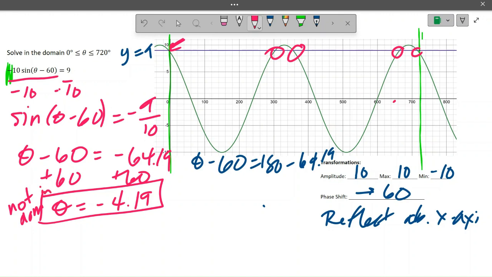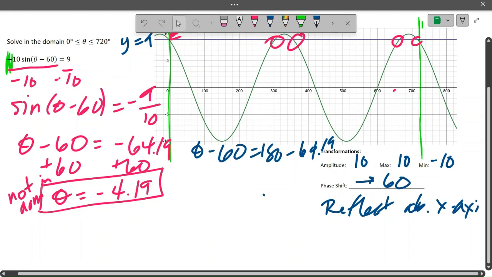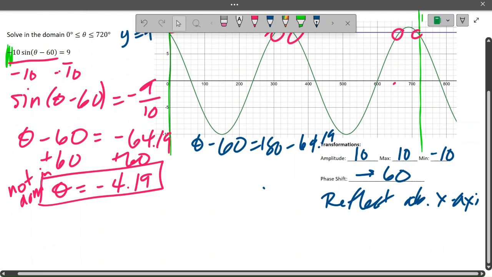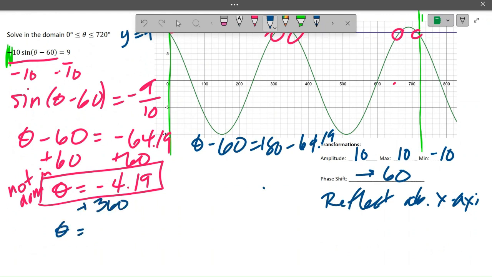Okay. And so now we are going to apply our property that says this value will repeat in exactly 360 degrees. So I'm going to add 360 to this. And when I do that, I get a value of 355.84 degrees.